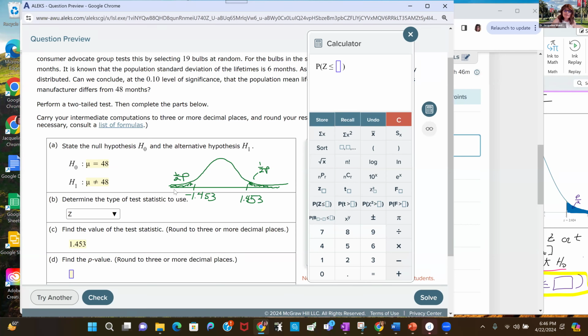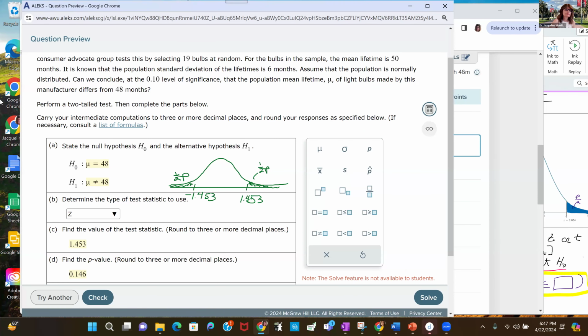Since this left tail gives me half of p, I could take twice what's in this tail. So 0.146. And alpha is 10%. This is greater than alpha, so we don't reject the null hypothesis.